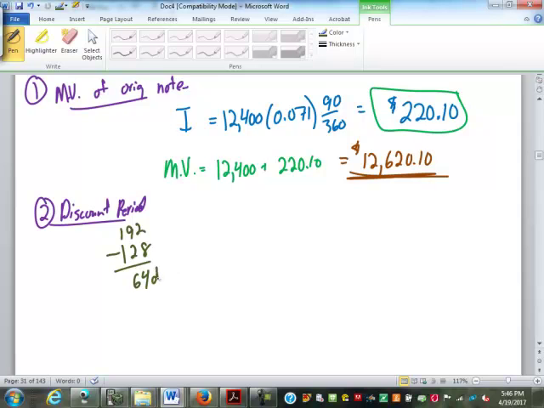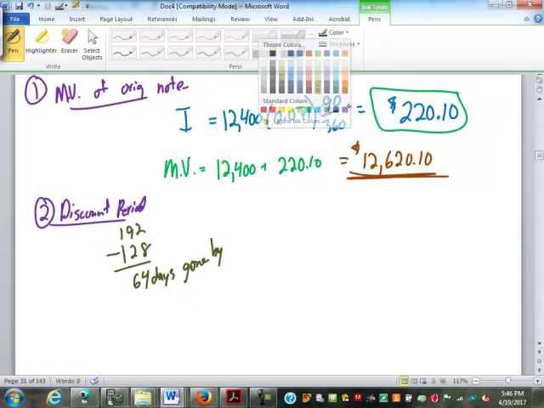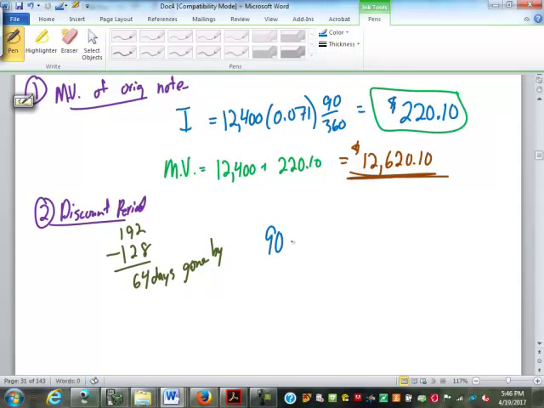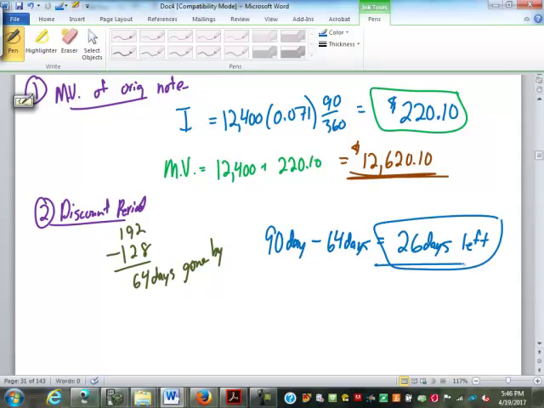So there's 64 days gone by. So we have a 90-day note minus the 64 days gone by gives us 26 days left. That is our discount period.